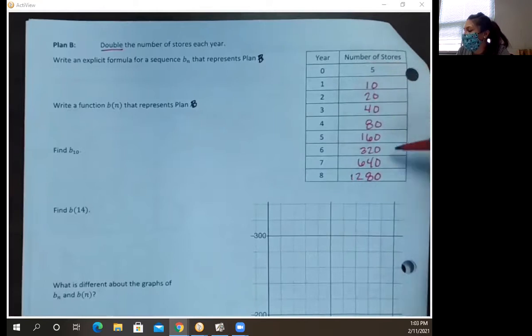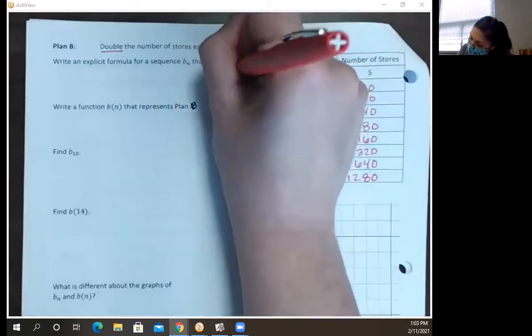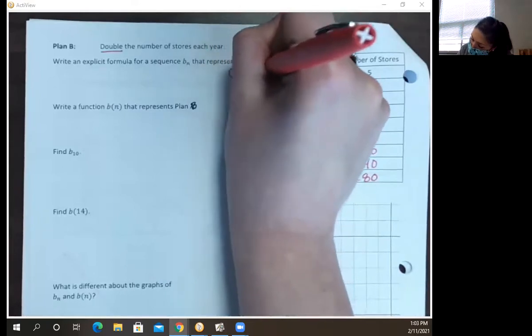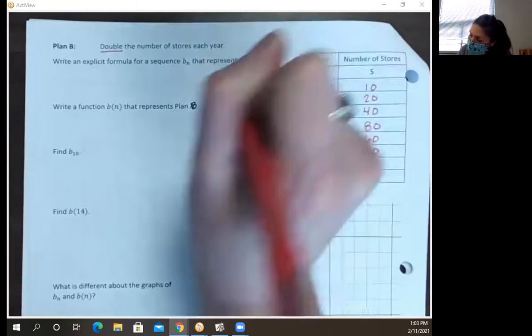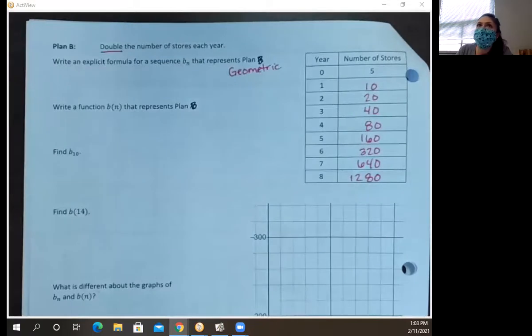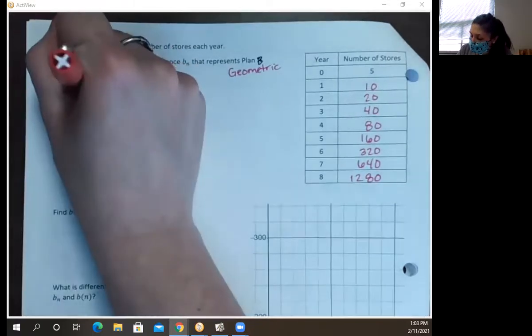What does this remind you of? Yeah, this is like a geometric sequence. So if I want to treat it as a geometric sequence, I could write a formula for this thing.